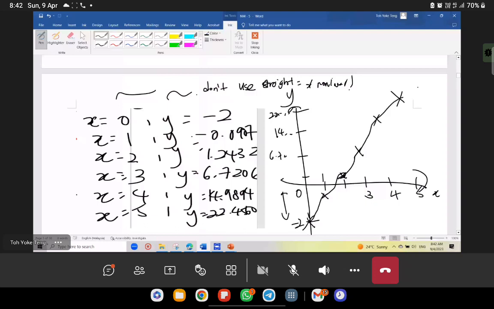Okay, at least better. Remember, don't connect it using a straight line here. So this one is for the graph.